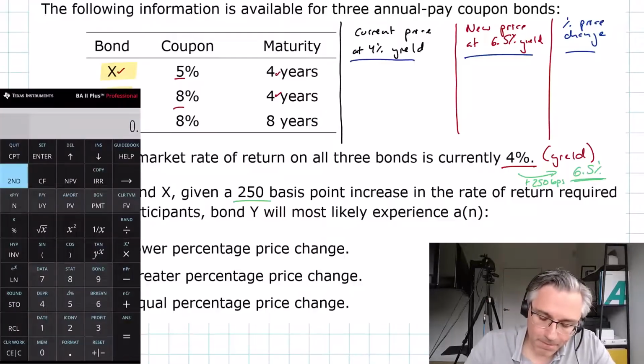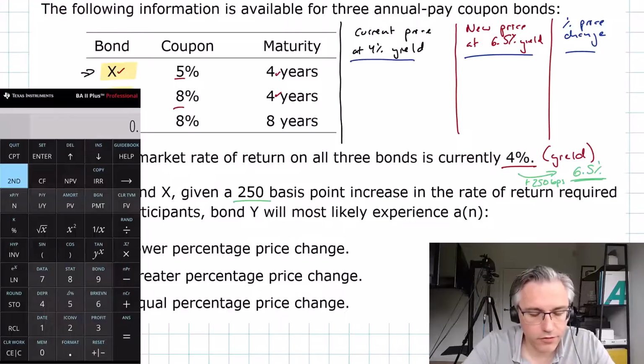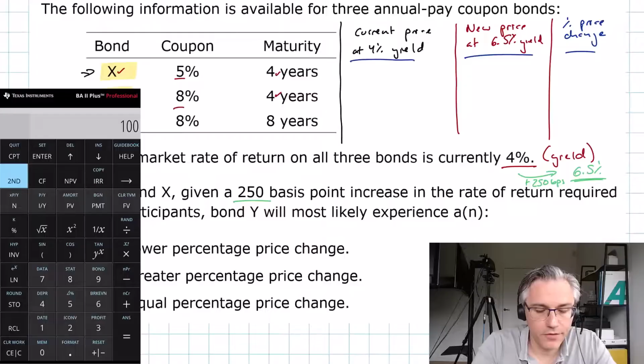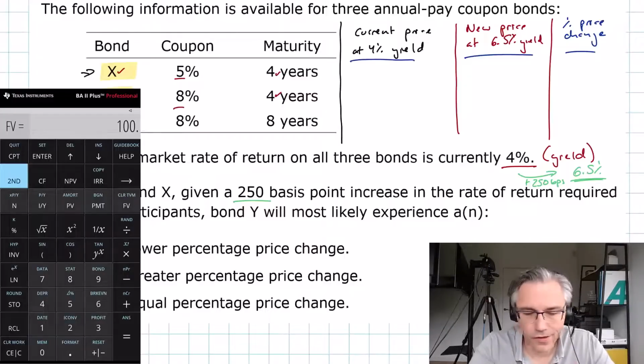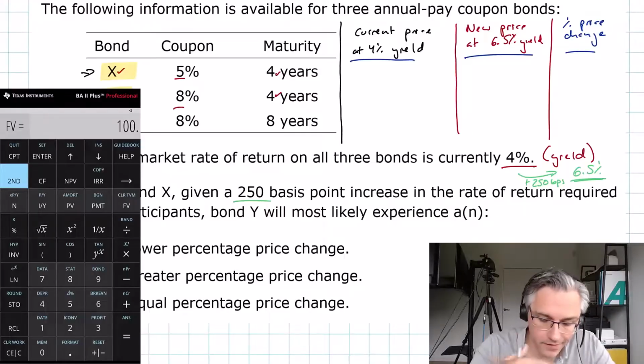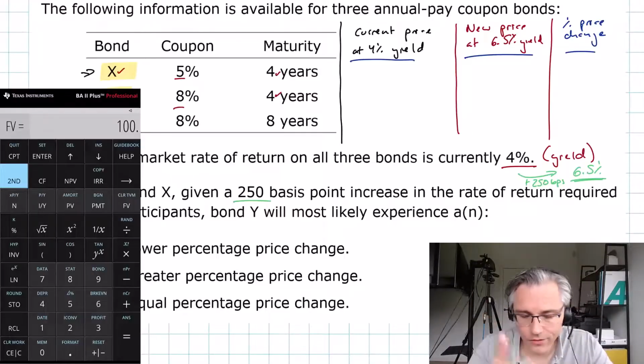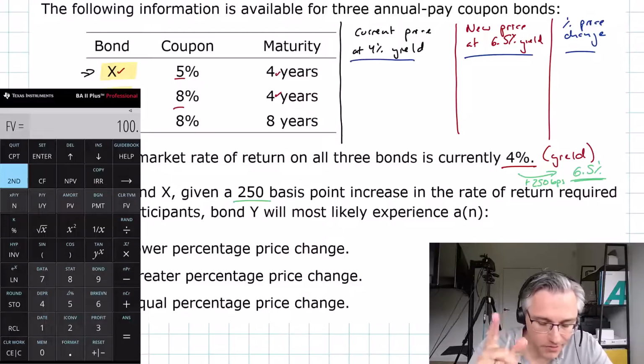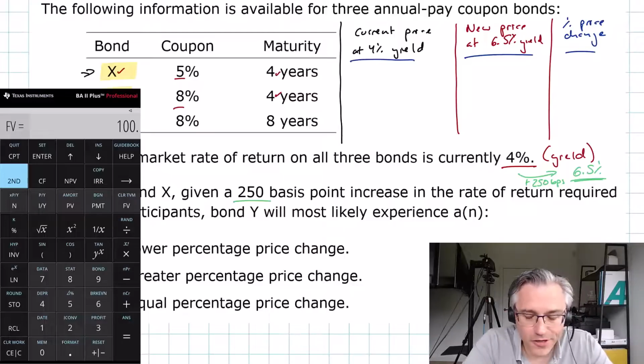Starting with X, the first bond, we've got a 5% coupon, so I'm doing 5 PMT. Obviously, I'm assuming 100 as the par value, so 100 for FV. I should have cleared the time value of money worksheet first, but I had it cleared, so it shouldn't be an issue. But remember, that's always a good idea. 4 years to maturity, so 4 for N.